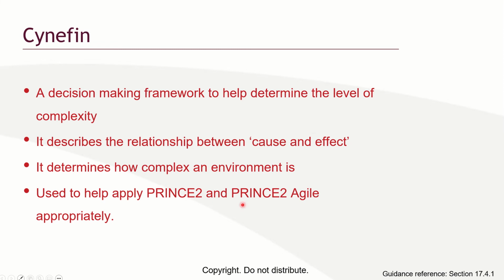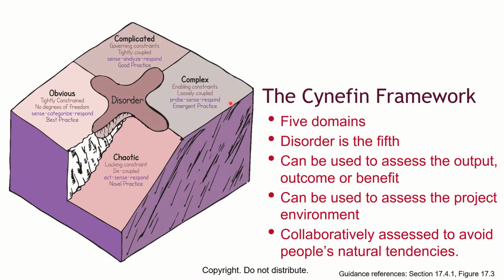Then let's look at the framework. This Cynefin framework is made up of five domains. The first domain you can look at is complicated, then complex, chaotic, obvious, and the fifth one is disorder.